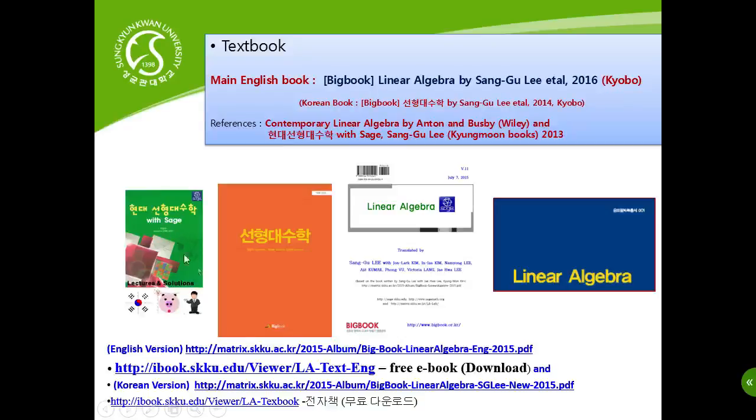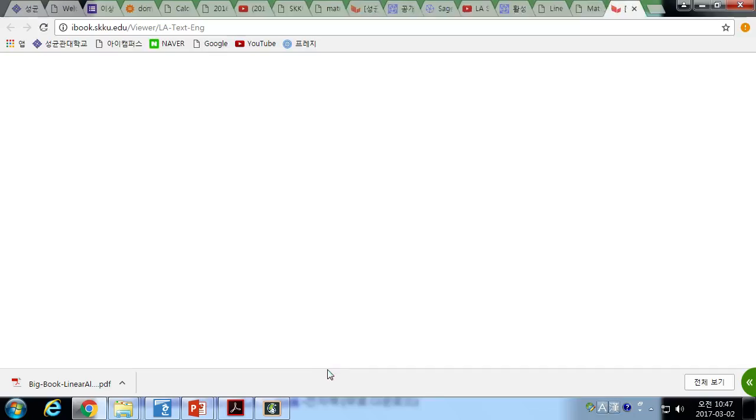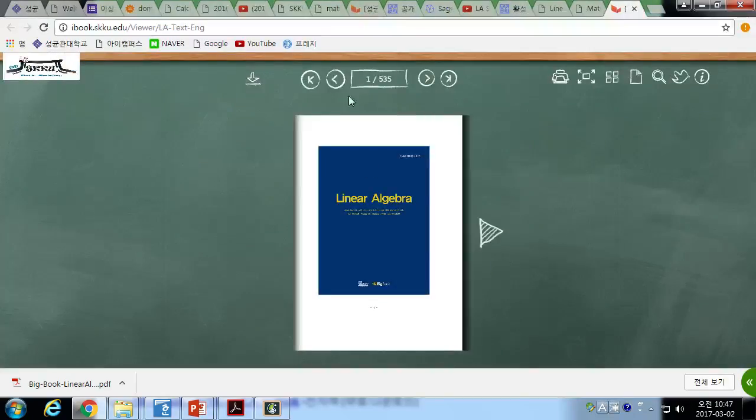We already have a Korean version of this book, but in this semester, we will use this English version of linear algebra. A free PDF ebook of this book was made, so you can download it from here.